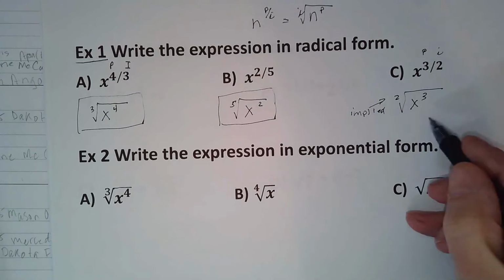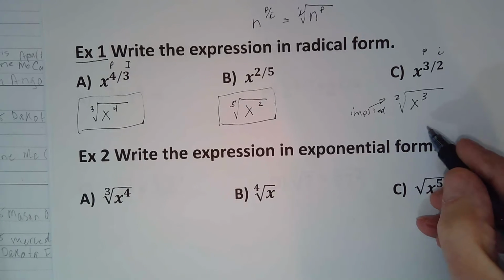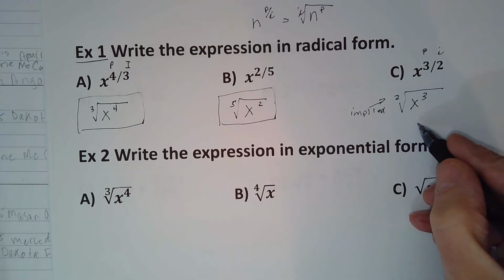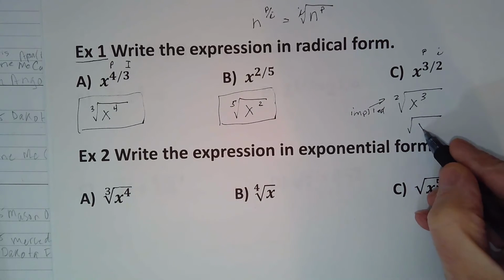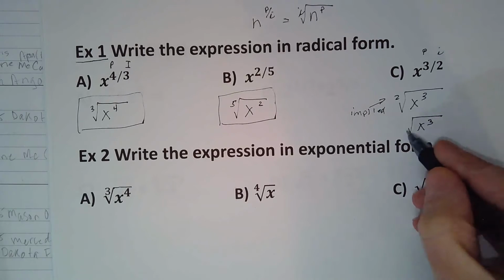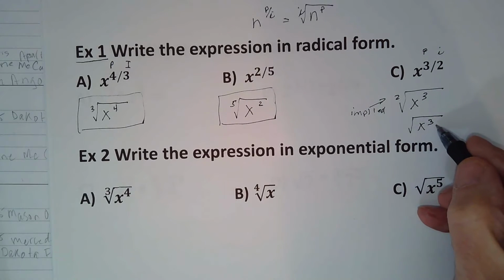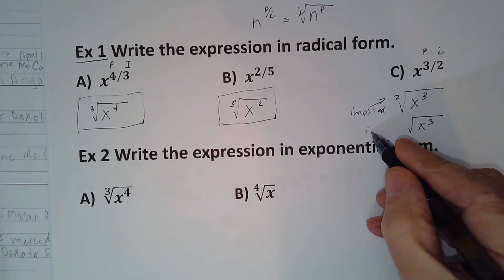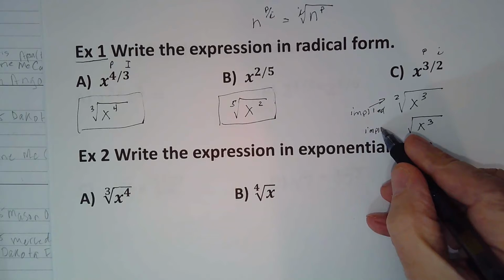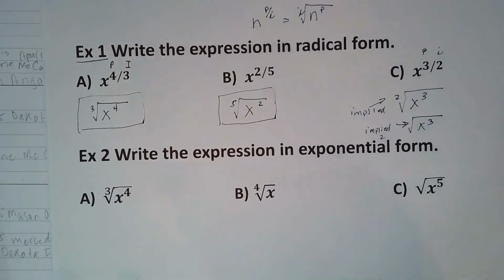So when you write this into Delta Math, it'll want the 2 implied, so it's just going to look like this. It's going to be x cubed. So this is the square root of x cubed with an implied 2. Okay. All right.